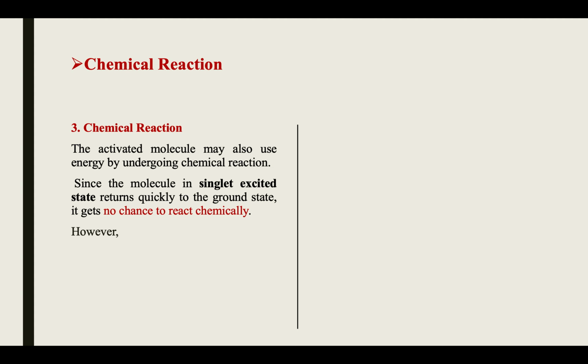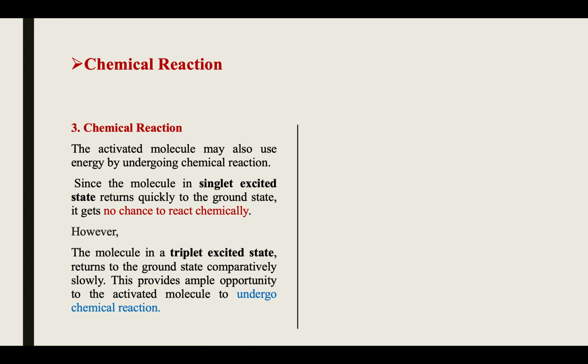photochemical reaction doesn't occur. However, if the molecule is in the triplet excited state, it returns to the ground state comparatively slowly. This provides ample opportunity to the activated molecule to undergo chemical reaction. So the triplet excited state is a crucial energy state to react with other molecules.